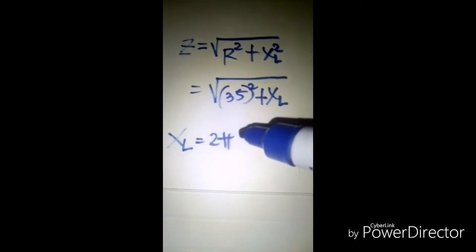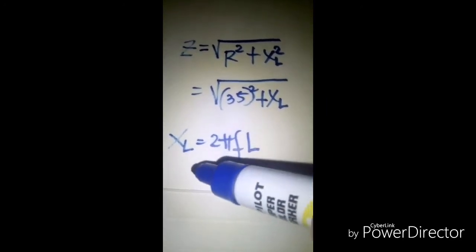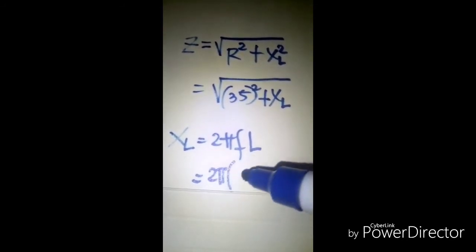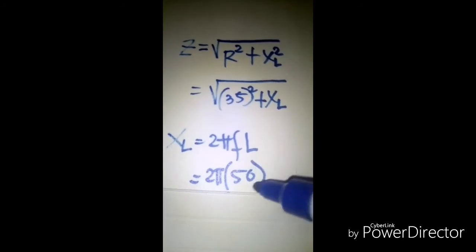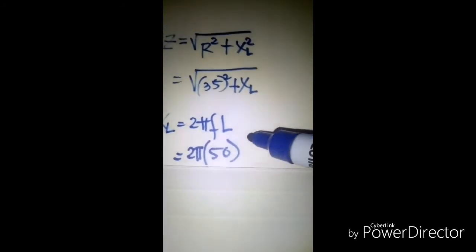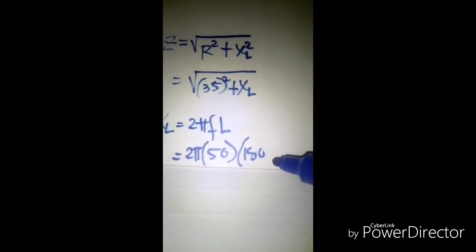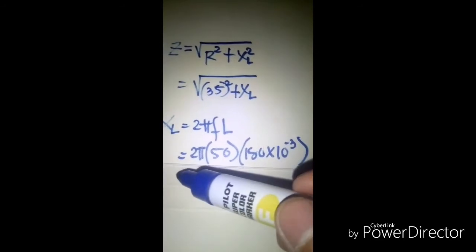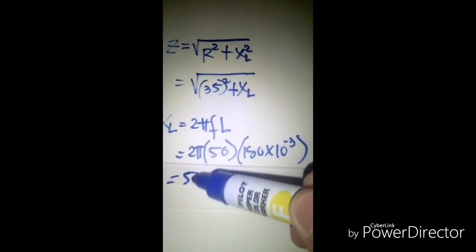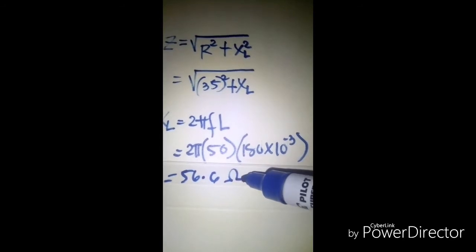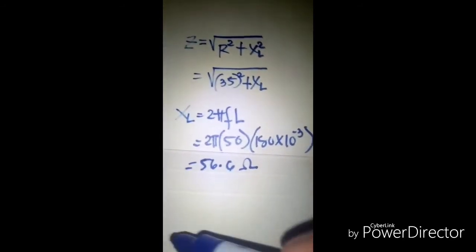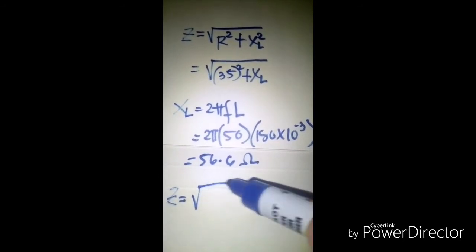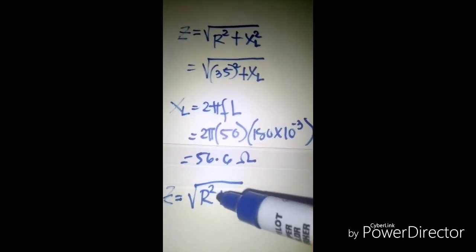We know that XL is equal to 2 pi FL, and we can get the value of XL by substituting the value of frequency, which is 50 Hz, and the value of inductance, which is 180 times 10 to the power of -3, and we can get the value of XL, which is 56.6 ohms.